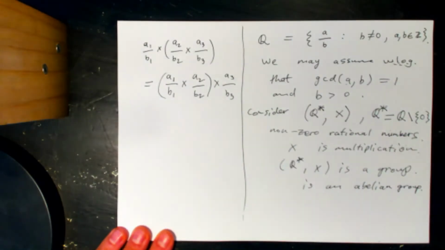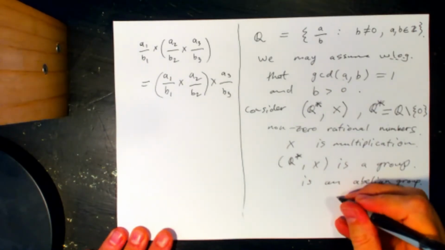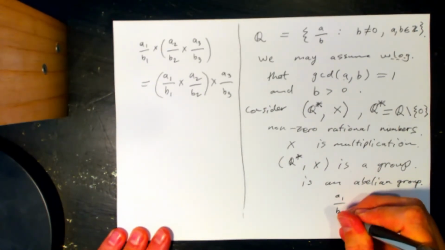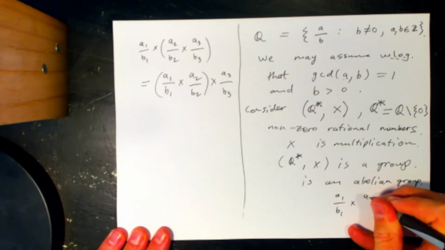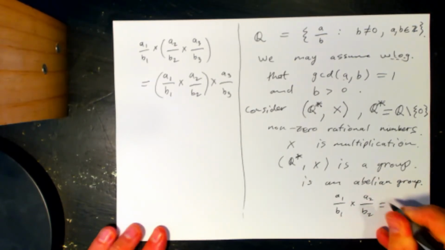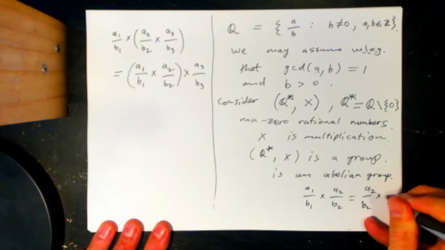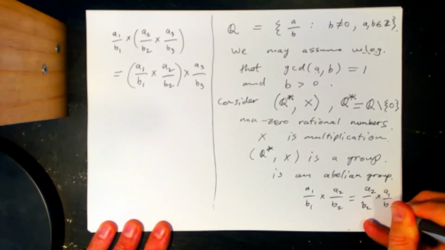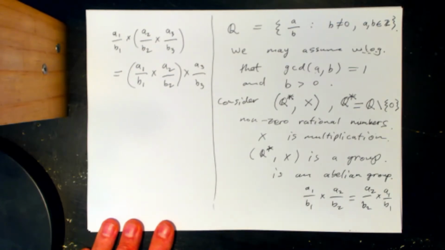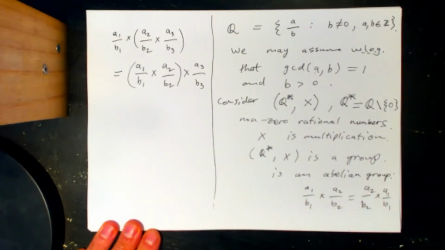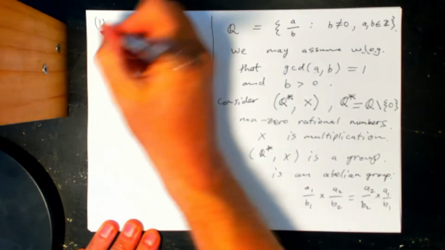Which is not this property, right? So that would say A1 over B1 times A2 over B2 is the same as A2 over B2 times A1 over B1. Okay, so this is the commutative property. So this is axiom 1 that holds.